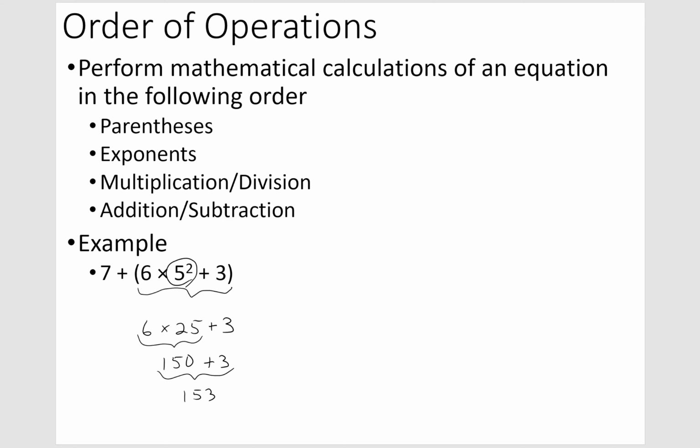So that's what inside the parentheses equals. So within the parentheses, I have 153. Then I go ahead and add 7 to it, and it's 160. Again, this is hopefully stuff you've seen before, but that's the order in which you do things: parentheses first, then exponents, then multiply, divide, then addition and subtraction.